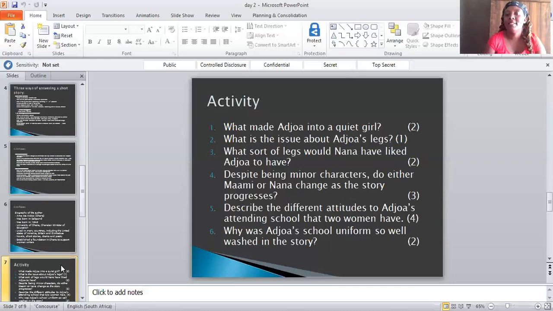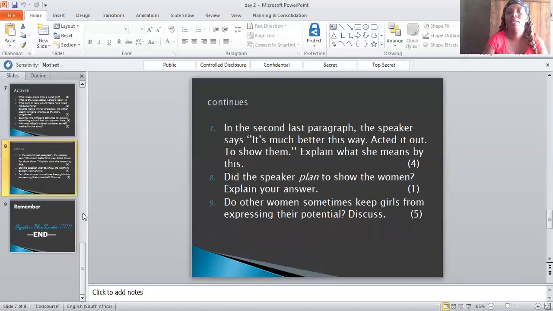Describe the different attitude to Ajwa's attending school that 2 women have. Why was Ajwa's school uniform so well washed? So well washed in what? In the story. In the second last paragraph, the speaker says it's much better this way and acted it out to show them. Explain what she means by this.